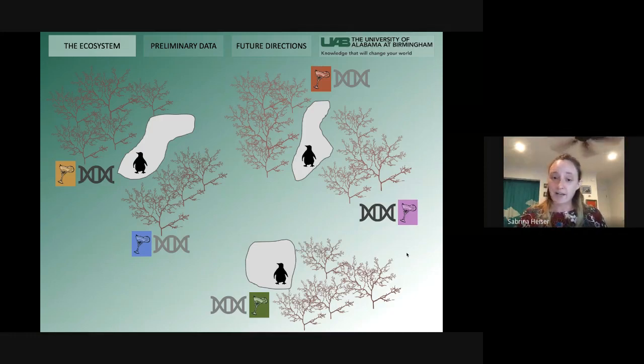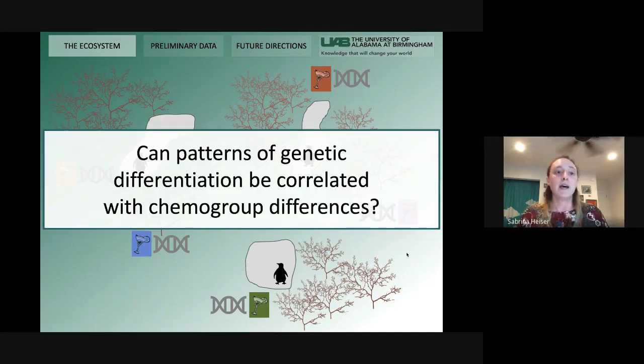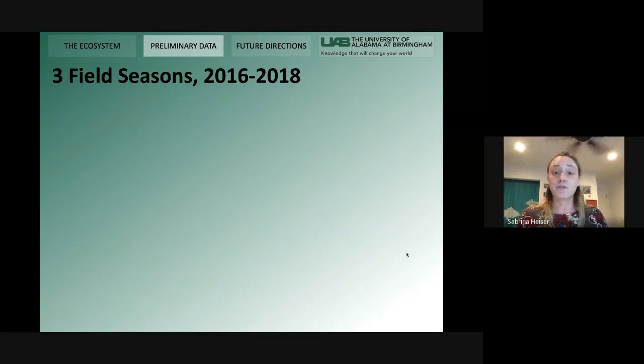And this is where I joined the project and started working on it. One of the questions that we are interested in is whether the patterns of genetic differentiation can be correlated with the chemogroup differences that we are seeing. So for this project, we had 3 field seasons, 3 summers between 2016 and 2018, during which we did a lot of sampling.